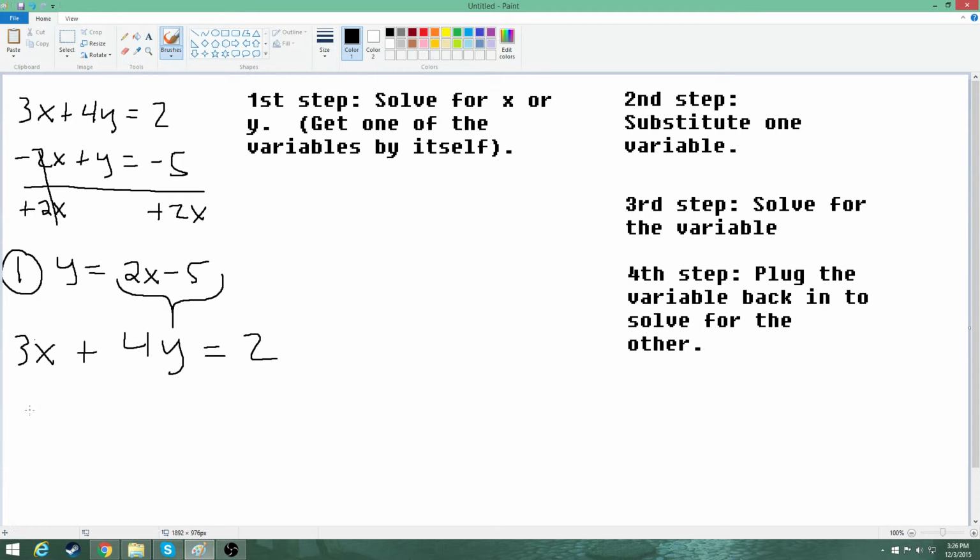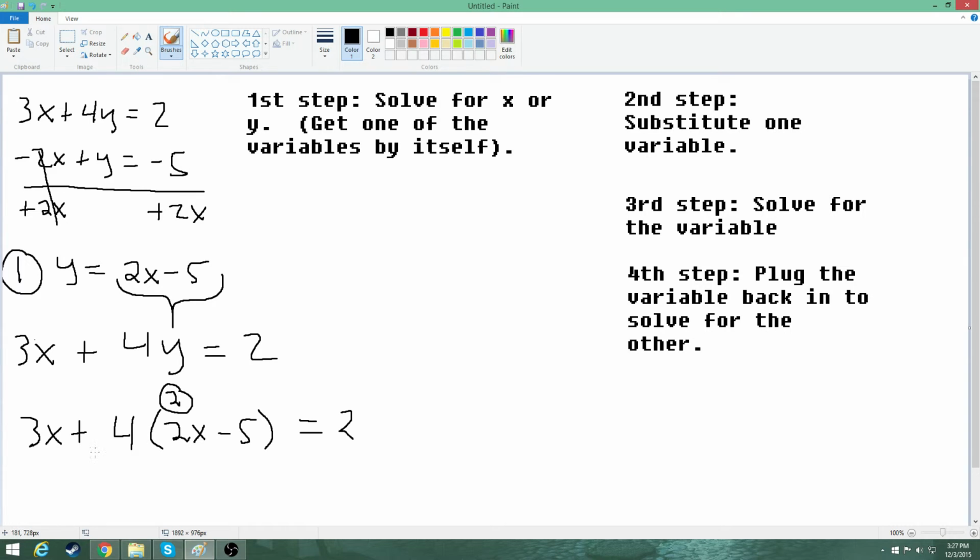So now our new equation is going to be 3x plus 4 parentheses 2x minus 5. Okay, this was step number 2. We took 2x minus 5 and we replaced y with 2x minus 5 equals 2.